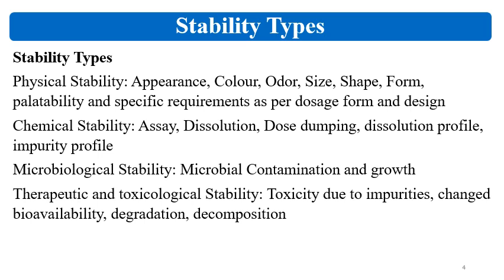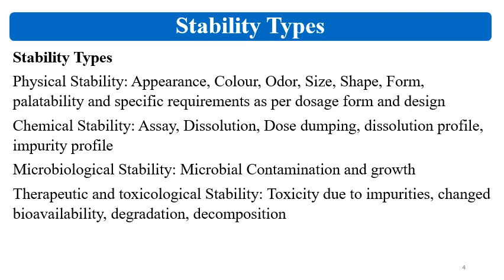So these are the product quality attributes I have divided into physical, chemical, microbiological and therapeutic type of stability attributes. So physical stability involves to test the appearance, color, odor, size, shape, form, palatability and specific requirement as per the dosage form and the dosage form design.